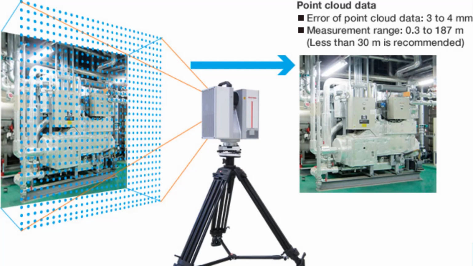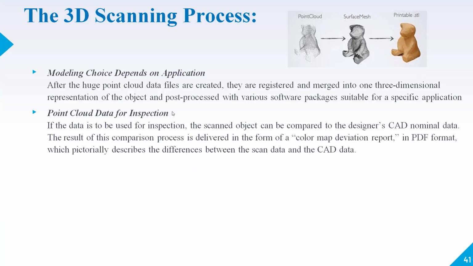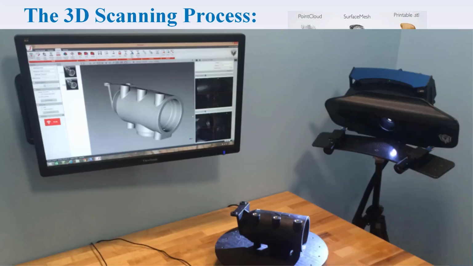If you want to compare both, you can compare it, and the result of this comparison is delivered in the form of a color map deviation report in PDF format, which pictorially describes the difference between the scan data and the CAD data.